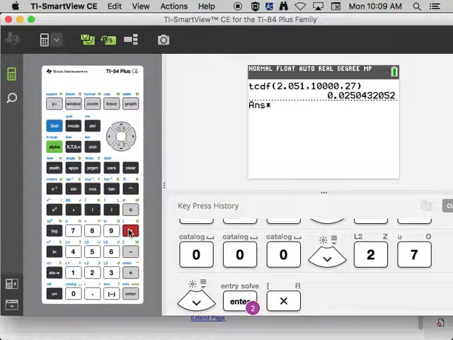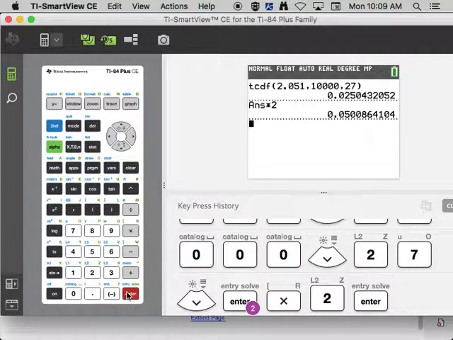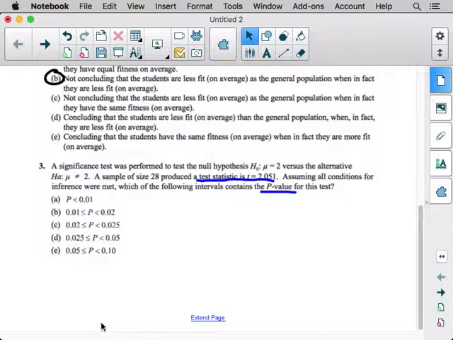And again, we're only doing this because the alternative is the not equal to, okay? If it were simply greater than, that first one would have been the answer, okay? But because it's not equal to, because it's a two-tailed test, we have to multiply that probability by 2, okay? And then it's slightly over 0.05, so that would be E, because it's ever so slightly bigger than 0.05.